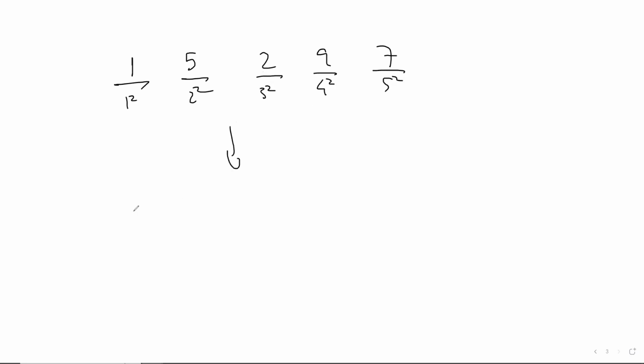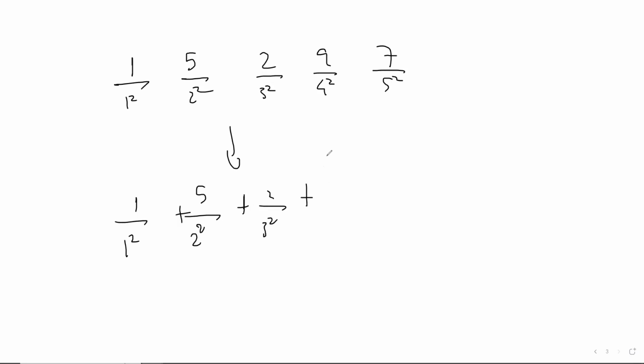So it's like, if you have 1, 5, 2, 9, 7 and 1 square, 2 square, 3 square, 4 square, 5 square, then I will change this. There are 5 things, so 5 square is fine. 2 is also less than 5, so it is fine.